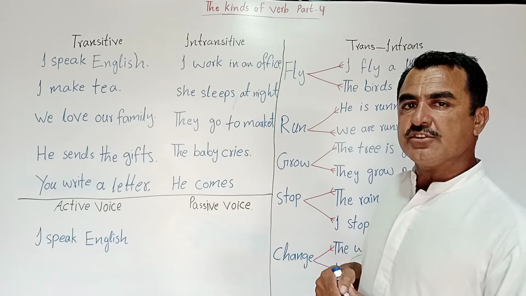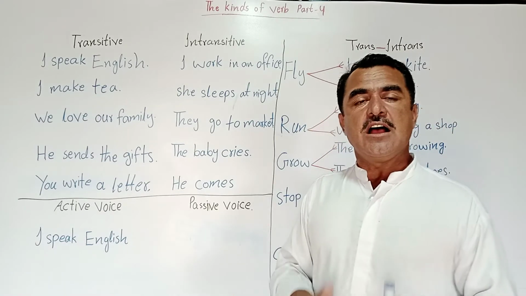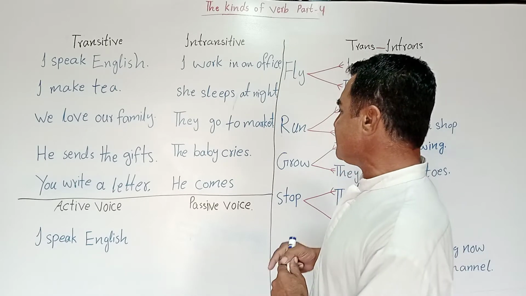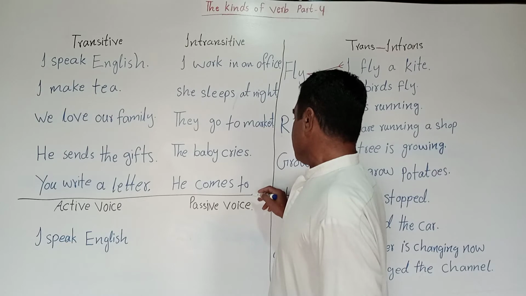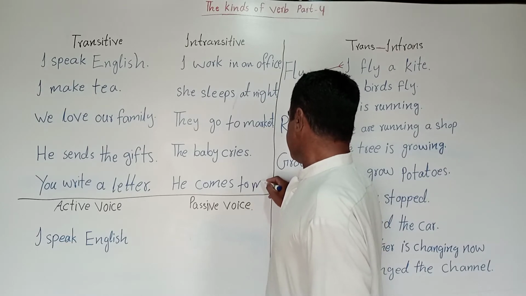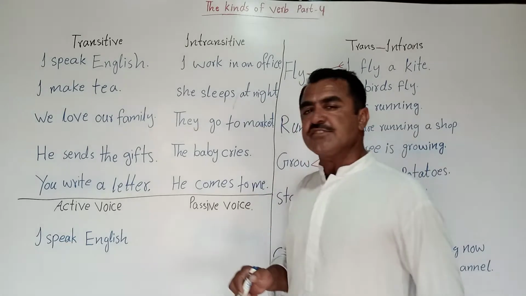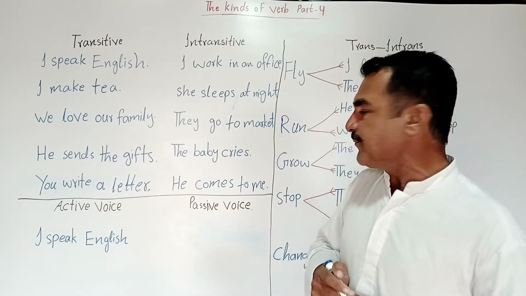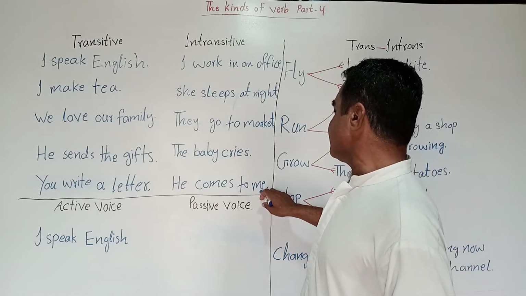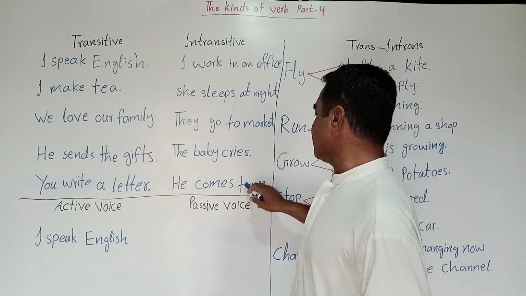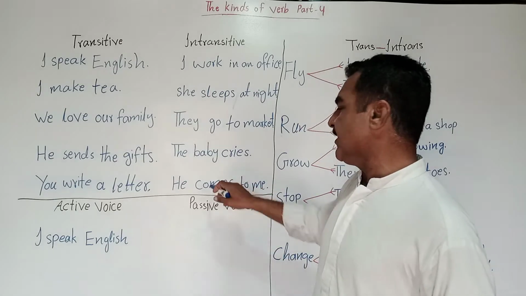Now the sentence is complete in itself, but still if you want to add something, he comes to me, or he is coming to me. Here it is a pronoun, you can say it's an object, but it is for the preposition, not for the verb.